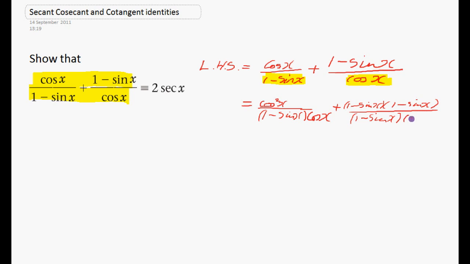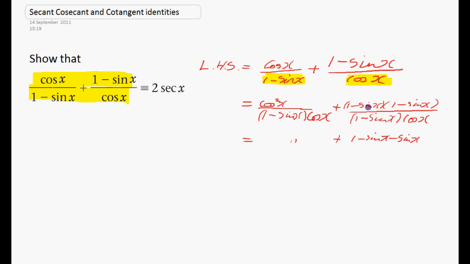So I'm just writing the denominator that I'm going to get. I'm going to times everything in this bracket by everything in this bracket. I'm just going to write a dit mark there because I don't want to have to write that all out again. So 1 times 1 is 1. Minus sin x times 1 is minus sin x. So I get a minus sin x here. Now I'm going to do minus sin x times this one, so another minus sin x.